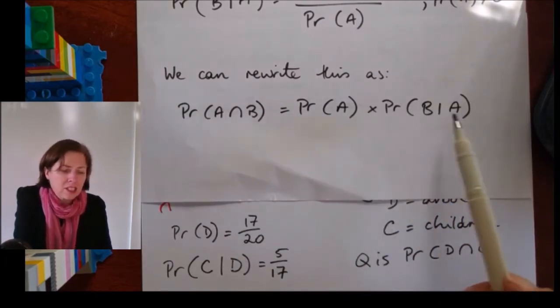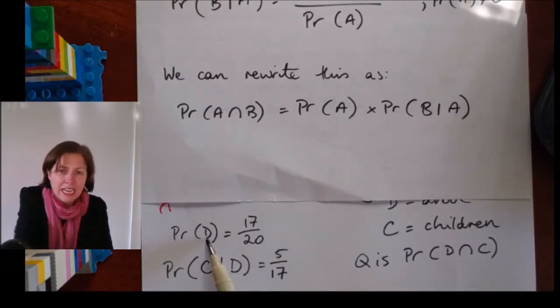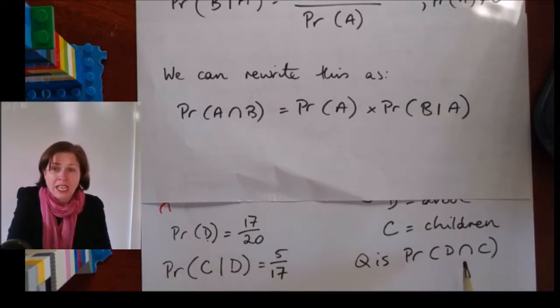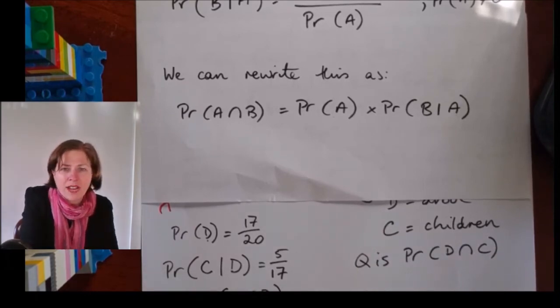So this has to match this. And that's what I've got here. I've got the probability of D, and I've got the probability of C given D. Therefore, I will be able to calculate the probability of the intersection. So the probability of C intersect D, I've rewritten it the other way around, it doesn't matter.